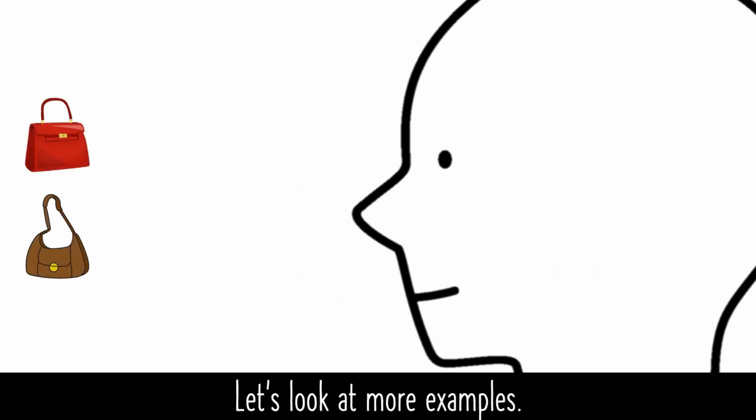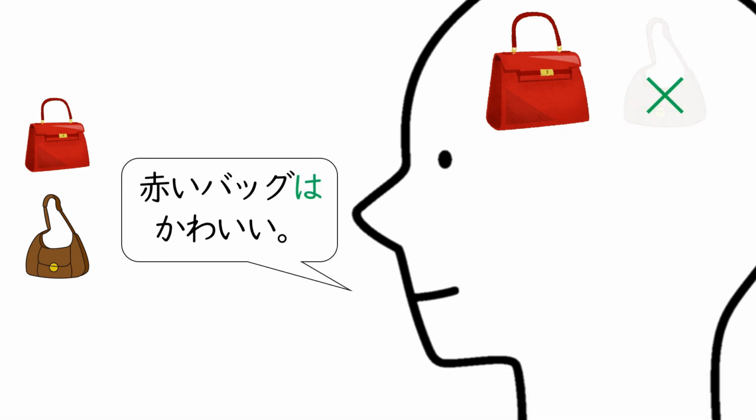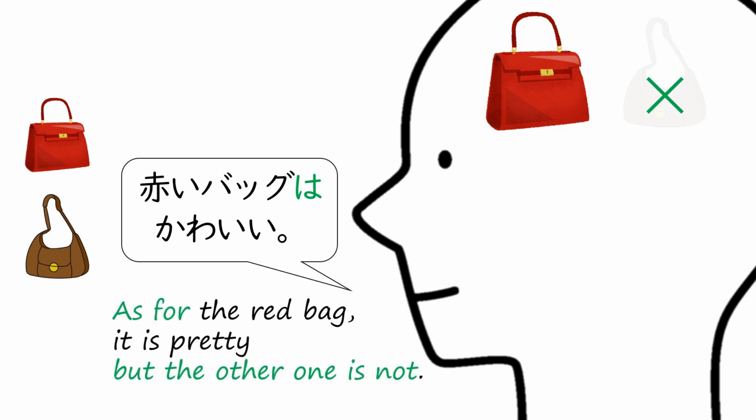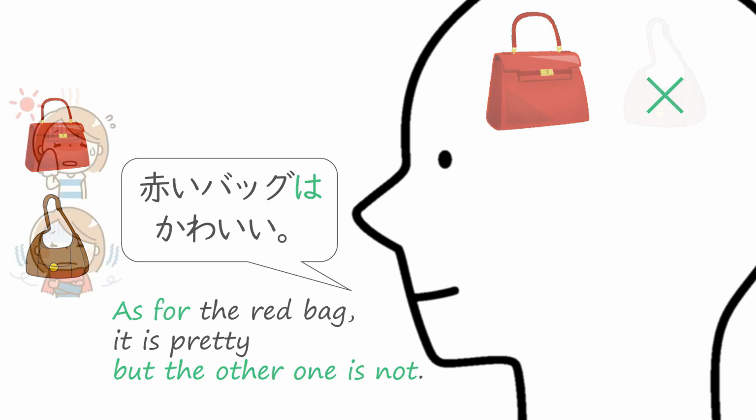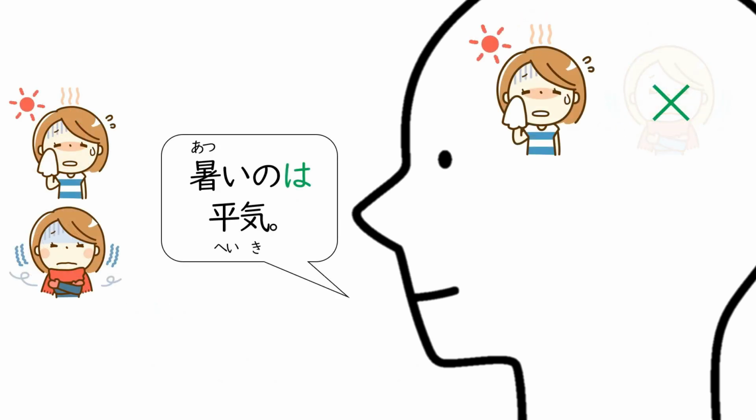Let's look at more examples. Here are two bags that you can compare. 赤いバッグはかわいい. As for the red bag, it is pretty, but the other one is not. 暑いのは平気.